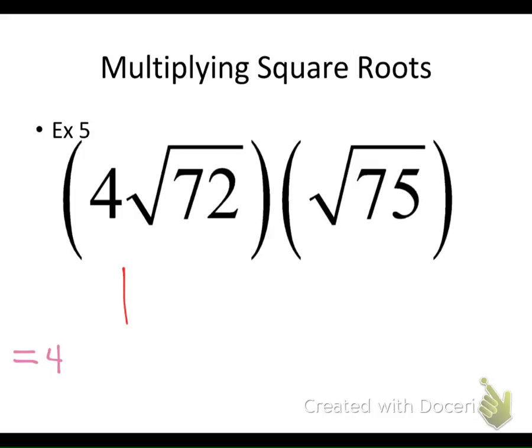So what are my factors of 72? 9 and 8. 8 and 9. Okay. 8.